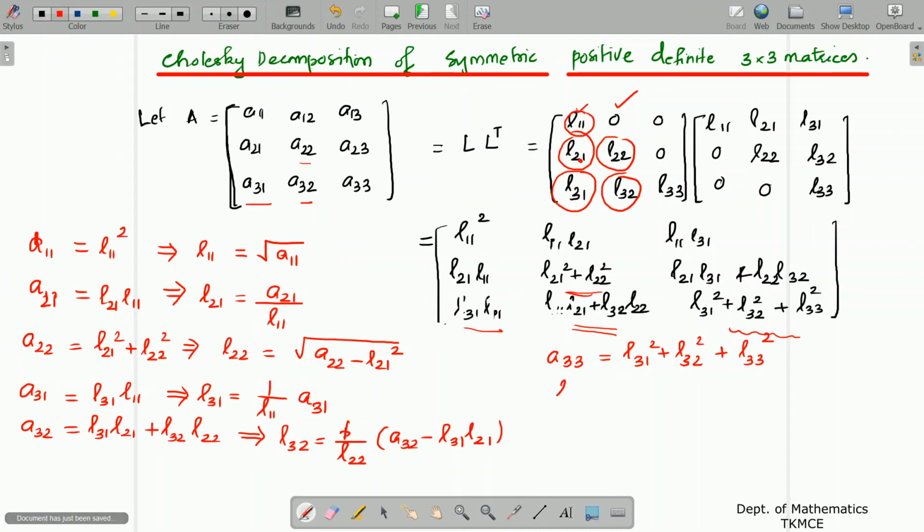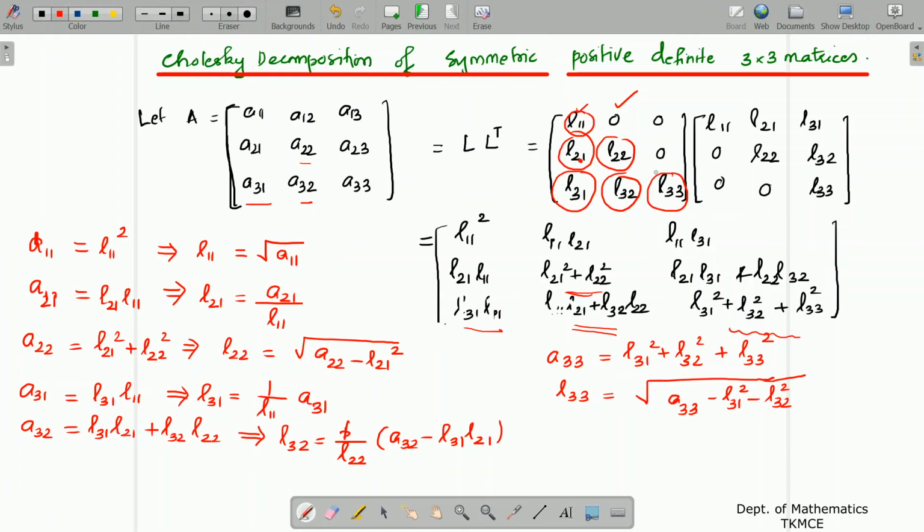And we have L33 as equal to square root of A33 minus L31 square minus L32 square. So we obtained all the elements of this lower triangular matrix, and hence we have L. Now this factorization, this Cholesky factor L is a unique matrix.